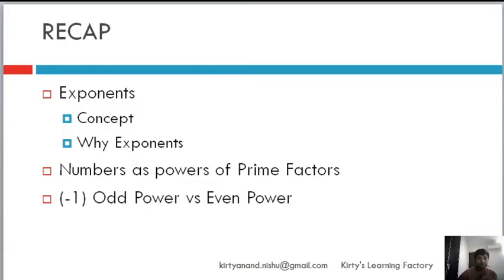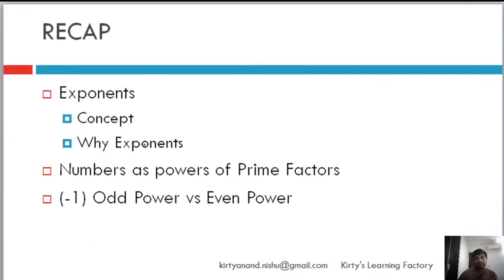If you remember, in the previous tutorial we covered the concept of exponents, why exponents are used, why we need exponents in the first place, and then we learned that any number can be expressed as powers of its prime factors.